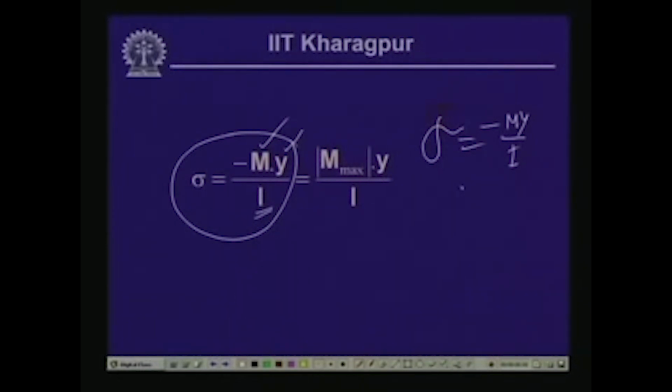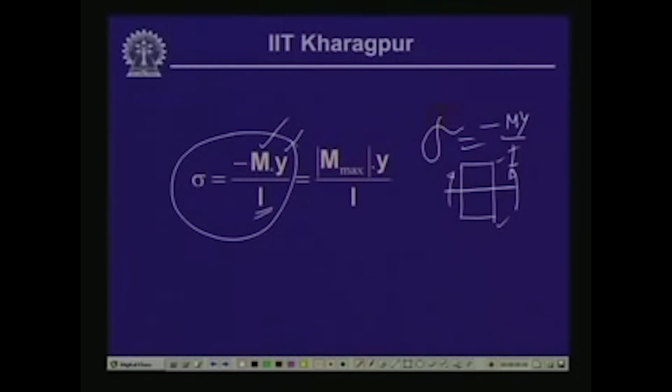Now, when we are talking about a symmetrical section, as you know, the neutral axis will be dividing the section into two halves, and the stresses in compression and tension because of the positive bending moment will be of the same magnitude.